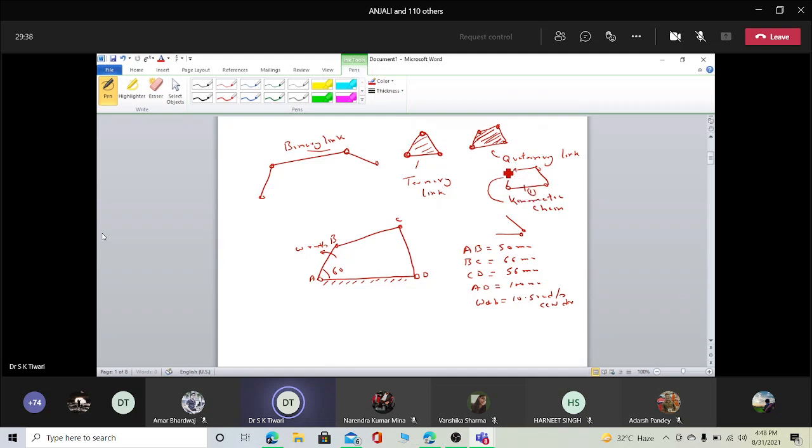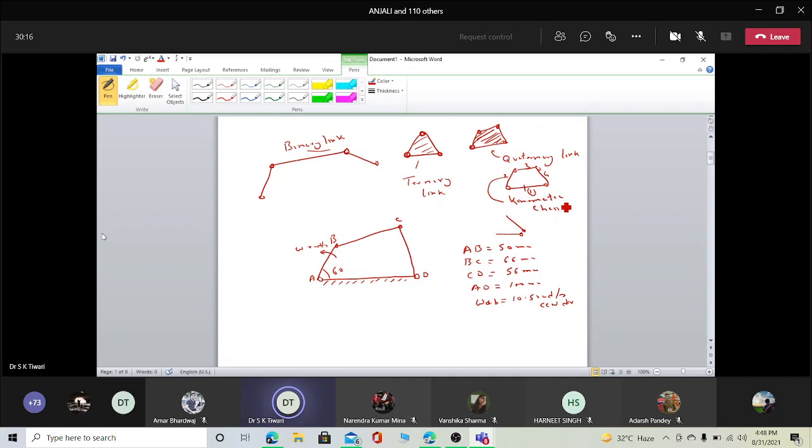If I talk about the link number 1, say if this is 1, 2, and this is 3, this is 4, it forms a kinematic pair with the link number 2 as well as the link number 4. Each and every link will be a part of at least 2 kinematic pairs. Similarly, link number 2 is forming a kinematic pair with 1 as well as 3. When I talk about 3, it is forming a kinematic pair with 2 as well as 4. If I talk about the link number 4, it's forming a kinematic pair with link number 3 as well as the link number 1. Now, ये जो assembly है जो आपको closed form में दिख रही है, this is simply known as a kinematic chain.